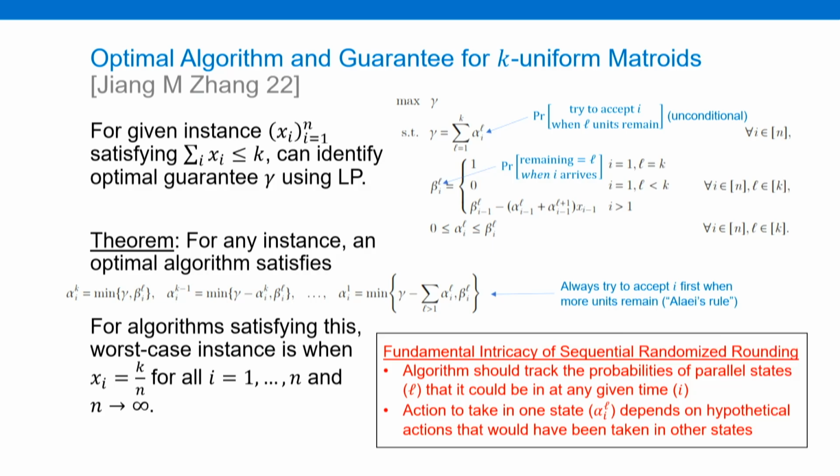But here, because we're either trying to prove some kind of approximation guarantee in expectation or provide a fairness guarantee in expectation, we do by definition care about the probability that I'm in my current state, and I need to make decisions for all the possible parallel states I could be in at a given time, in conjunction. And that's what I call the fundamental intricacy of sequential randomized rounding.